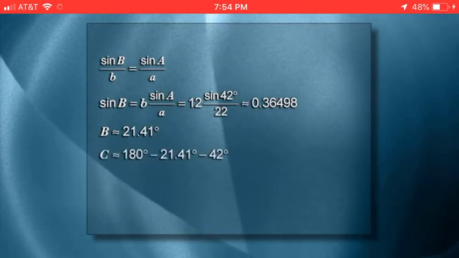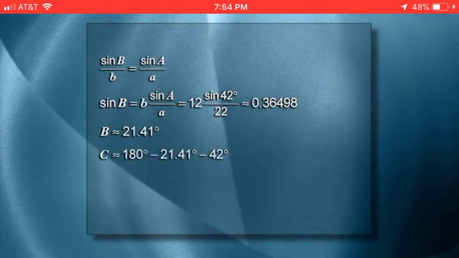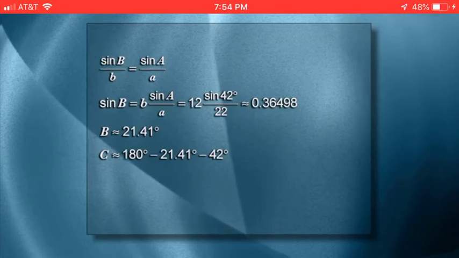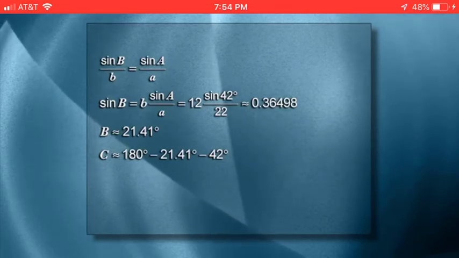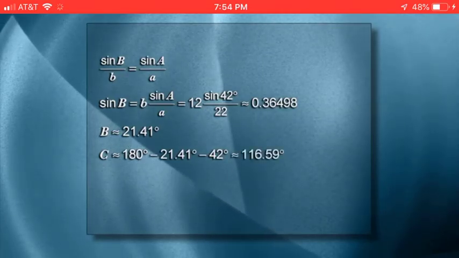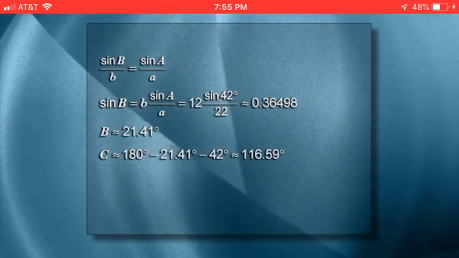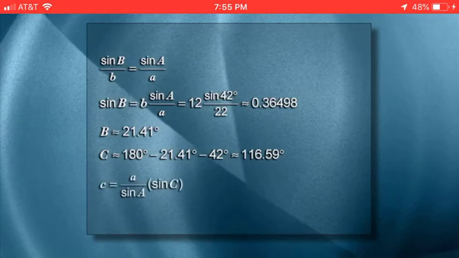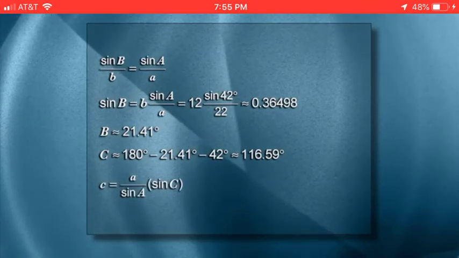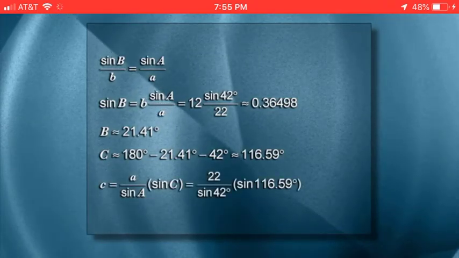And then angle C would be the difference of the two known angles, 180 minus 21.41 minus 42. So C's a large angle, 116.59 degrees. And finally, the only missing character is side c, a over sine A times sine C. Plug in those numbers.